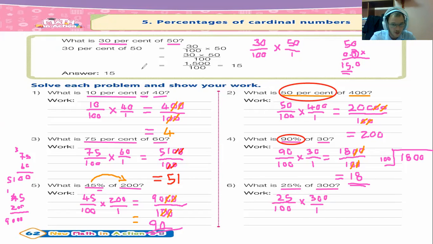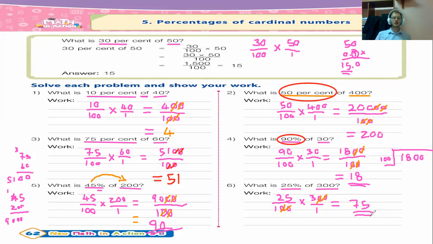Now for this one, I'll use the other shortcut method, where you cross them out from the beginning. You cross them out from the beginning. So 25 times 3 is going to give me 75 as a final answer. Okay.